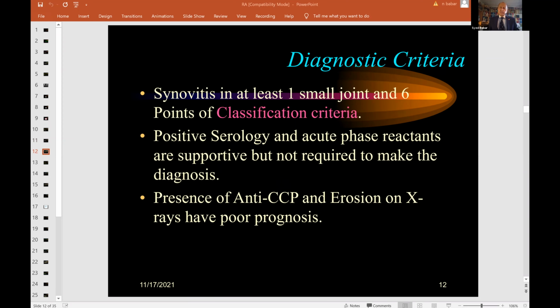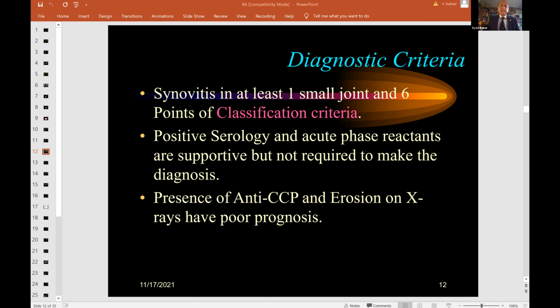So how does one make a diagnosis of rheumatoid arthritis? Many diagnostic policies are made, but the most prevalent one is that there should be at least synovitis in one small joint. A small joint would be metacarpophalangeal joint or interphalangeal joint of the toe.